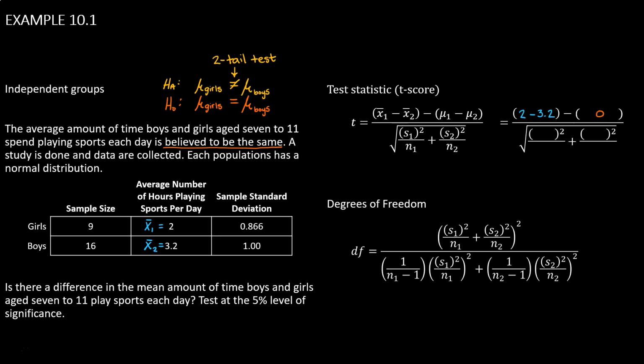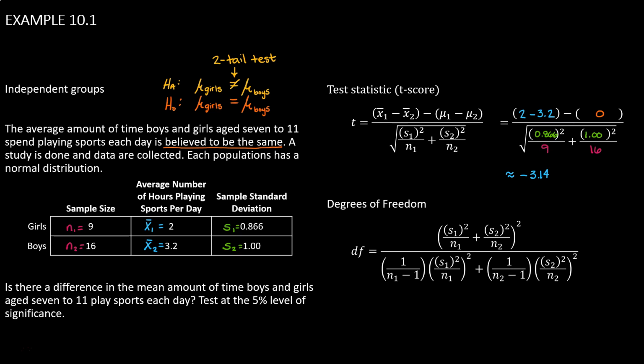If they're equal to each other, then the difference between them would be 0. We'll plug in our standard deviations for the girls and for the boys, and we'll plug in our sample size for each sample group as well. Throwing that calculation into a calculator, we find our test statistic is approximately negative 3.14.